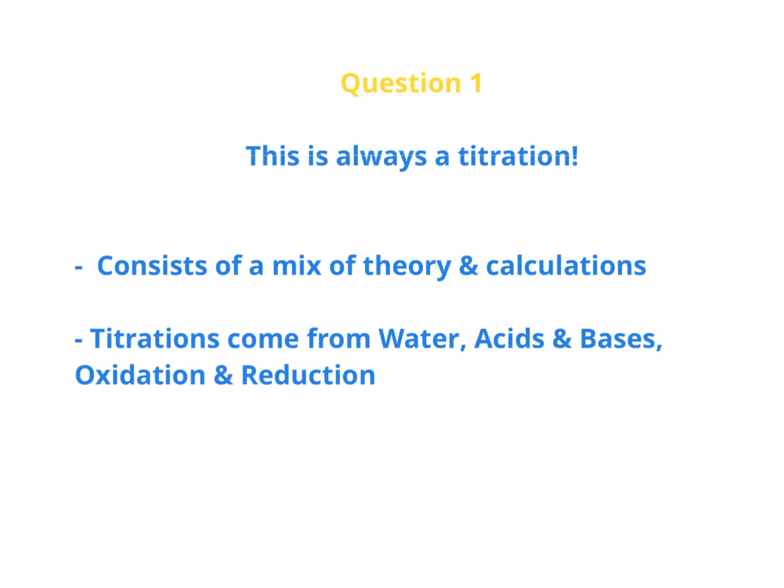The first thing that we need to know is question 1 on the Leaving Cert exam paper will always be a titration question. There are a wide variety of titrations on the Leaving Cert Chemistry course, and they come from the chapters of water, acids and bases, which we will see some from today, and oxidation and reduction. Question 1 will always consist of a mix of theory and calculations.